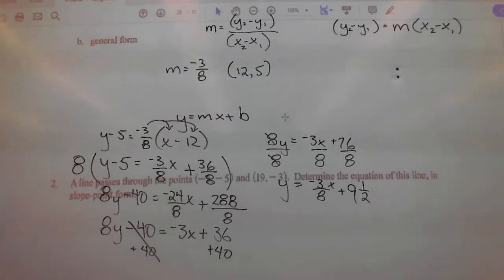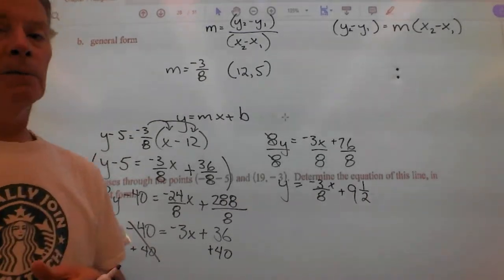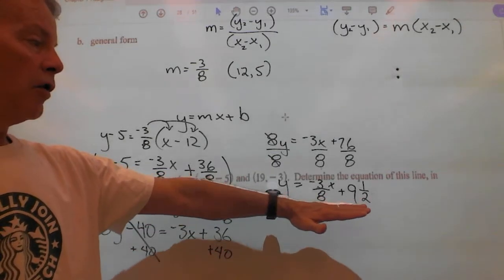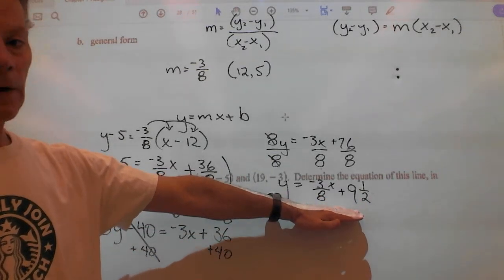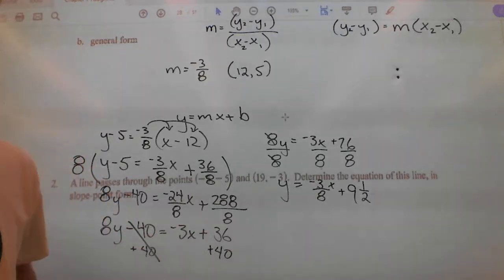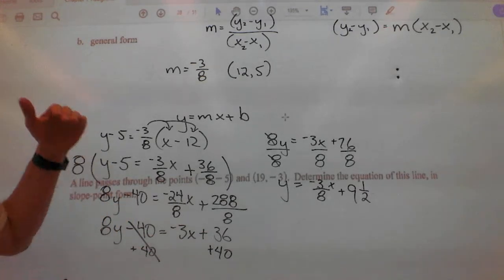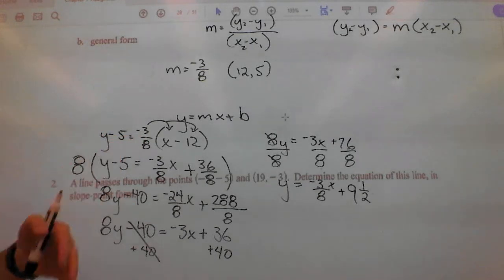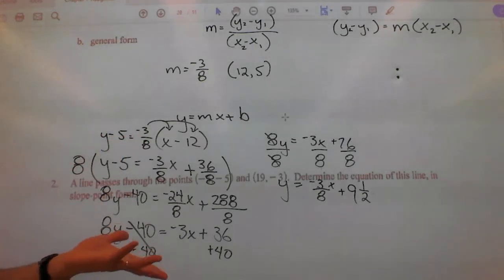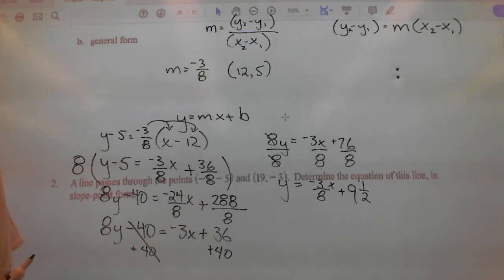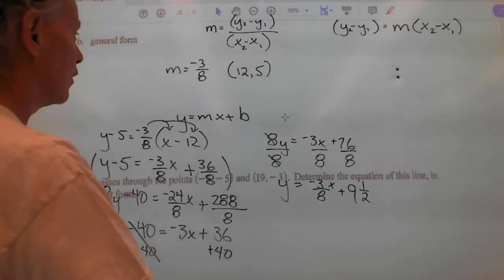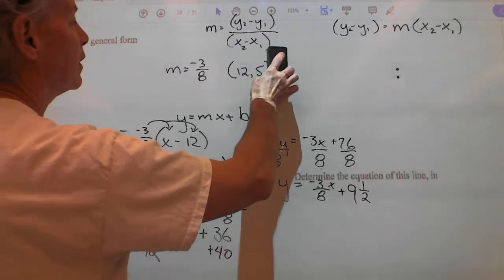So now we want to put this into general form. Okay? Now, we can either go with our equation that we've just isolated into y equals mx plus b, or we can go right back to our original equation and put that one in general form. It doesn't really matter which you choose. I'm just going to take this equation that I have, so just let me do some erasing here.